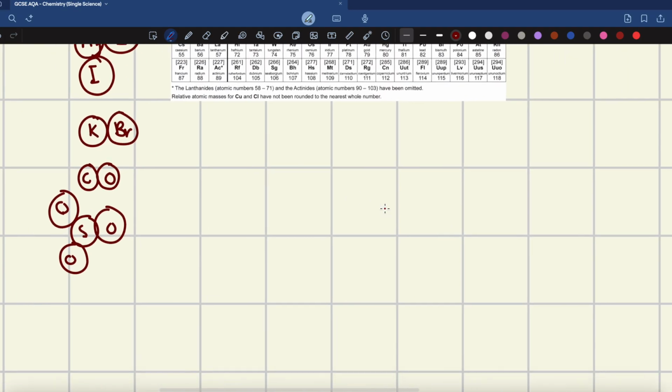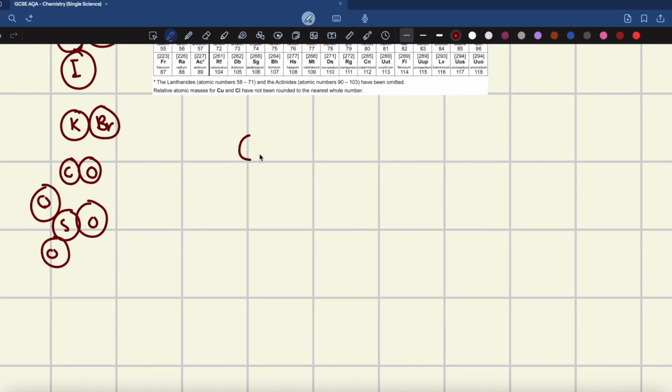And this mono, di, tri concept is only going to apply to compounds made up of nonmetals.